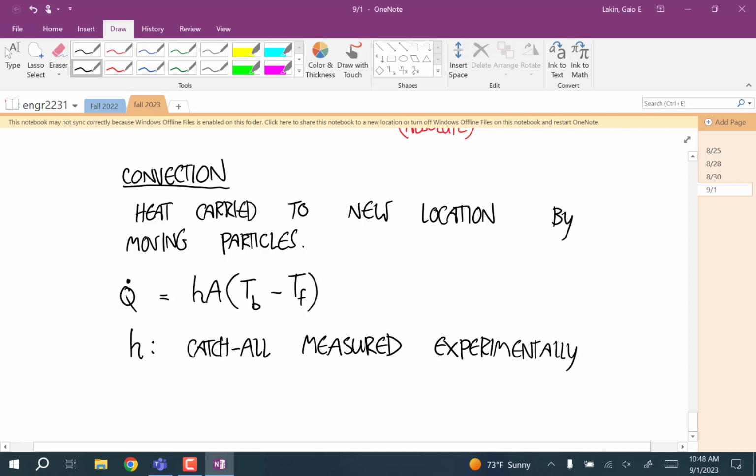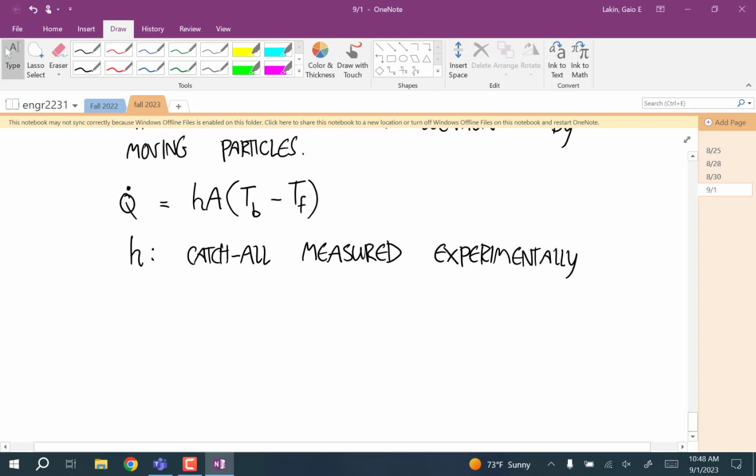So you can think of this expression for convection as being the least like a physics law. This one is just kind of like a curve fit for your specific case. A is the surface area of the body that's exposed to the fluid flow.